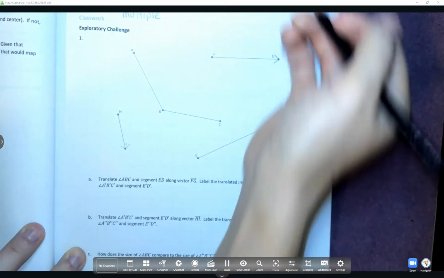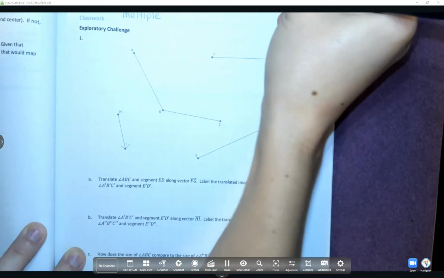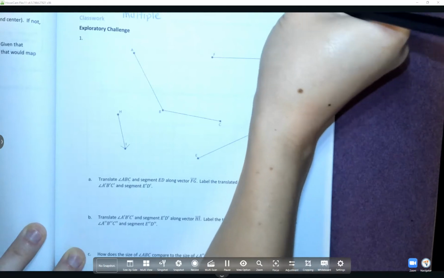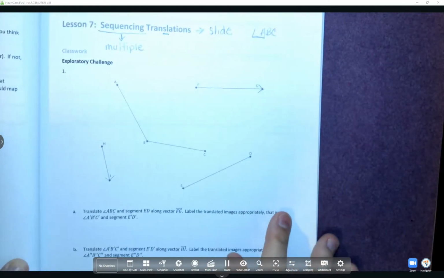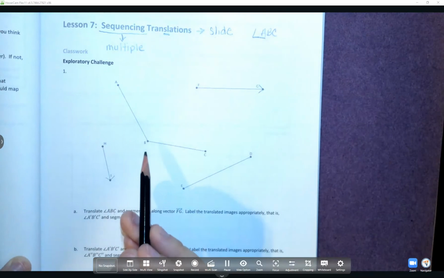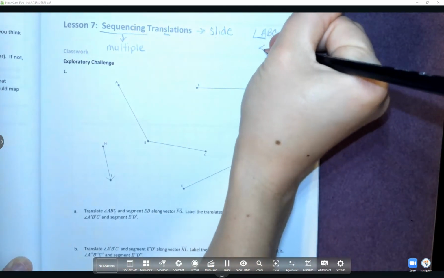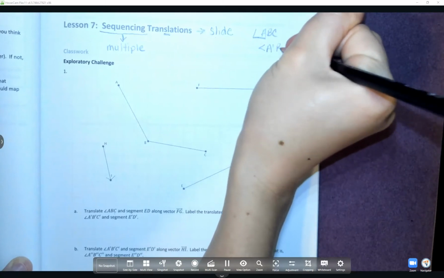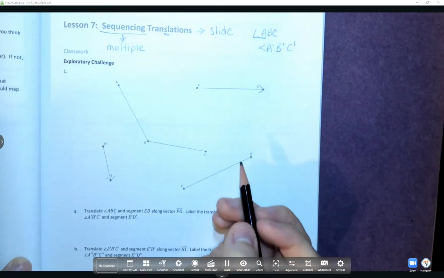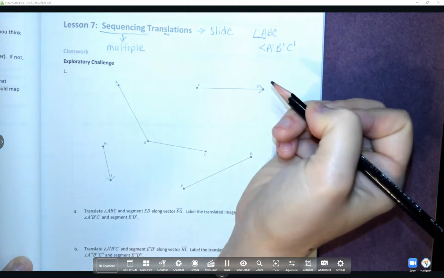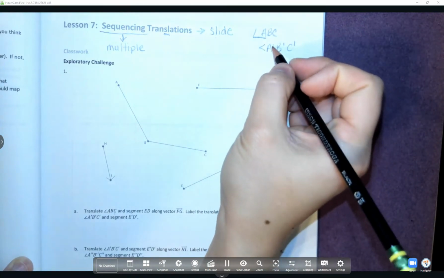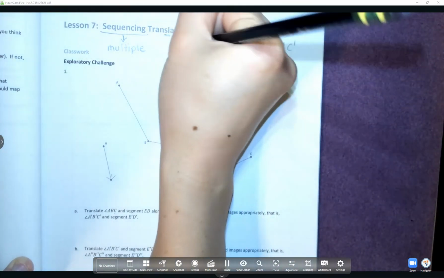Remember, if we have an angle that's called angle ABC, like this one, it's ABC, but when we move it, the new image becomes angle A prime, B prime, C prime. That apostrophe, which we know from ELA is an apostrophe, in math it's called a prime.